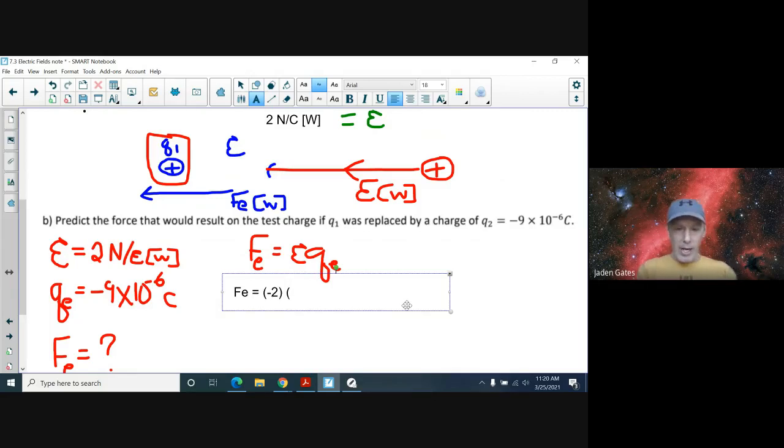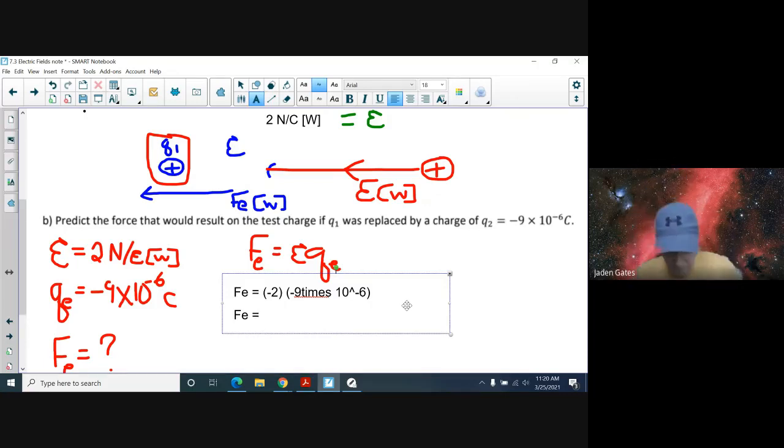I'm going to put in my -9 times 10 to the power of -6. I'm going to show you what happens here, and then I'm going to explain what's going on. Now I multiply those two. I have a negative times a negative, so it's going to be a positive answer here. Whoops, I have to grab my calculator.